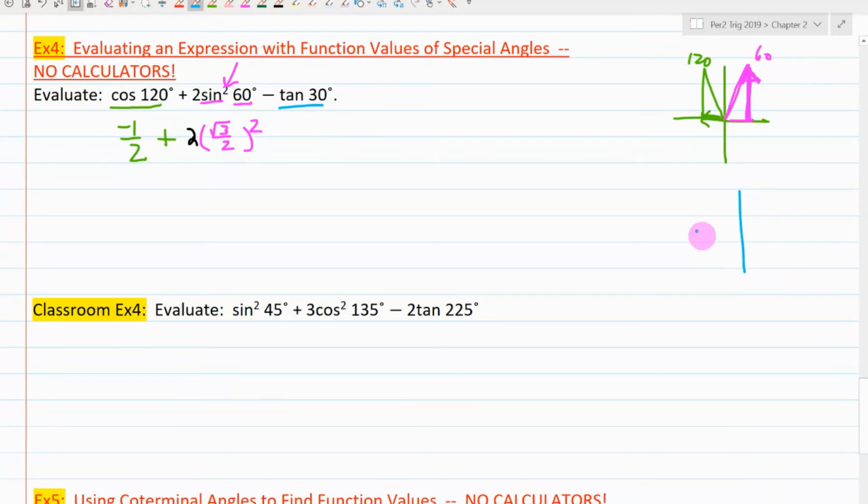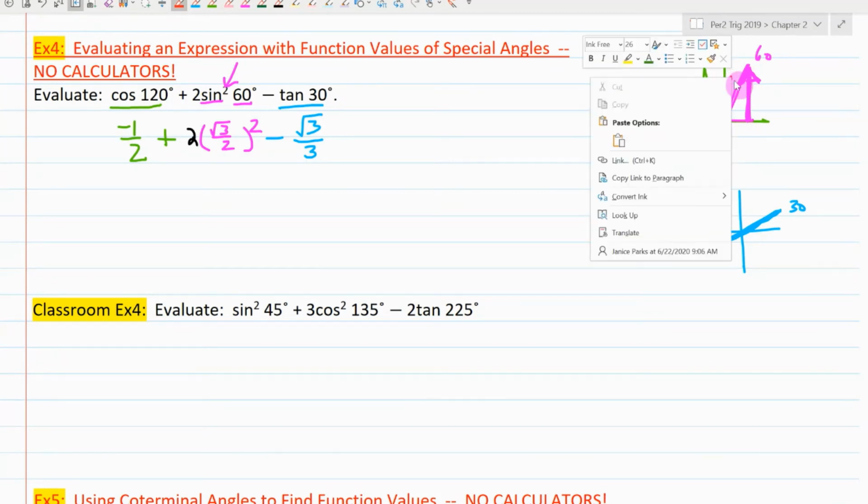Tangent of 30, 30 is here. So that's the flat slope, and the flat slope is the fraction. The fraction answer for tangent. If you forget, you can always just make the radius 1, and then that's 1/2, and that's radical 3 over 2 if you use the 30, 60, 90 properties.